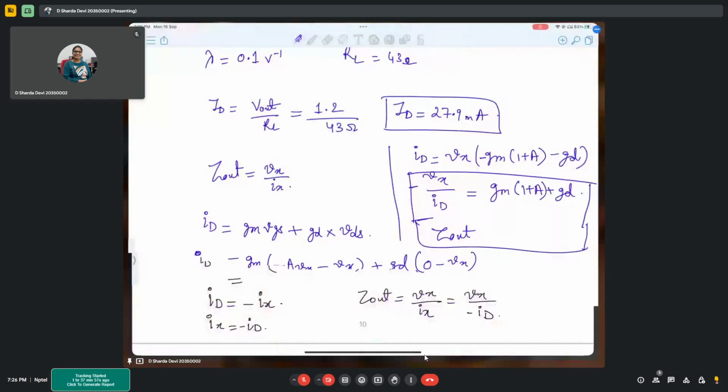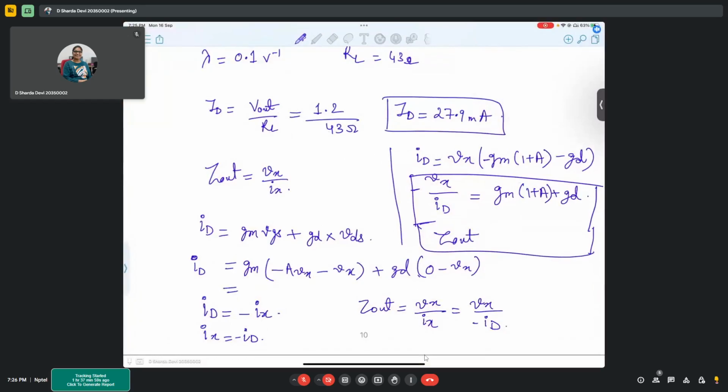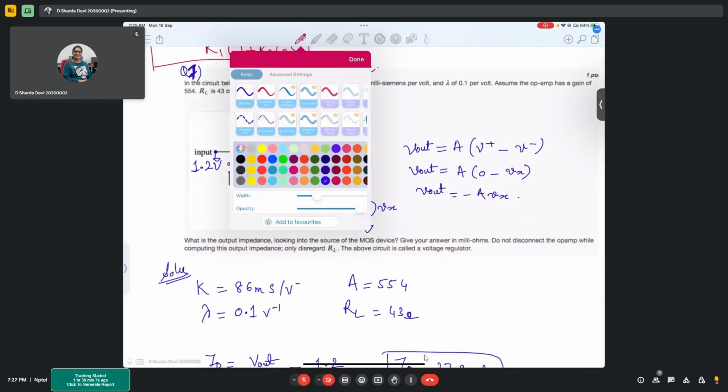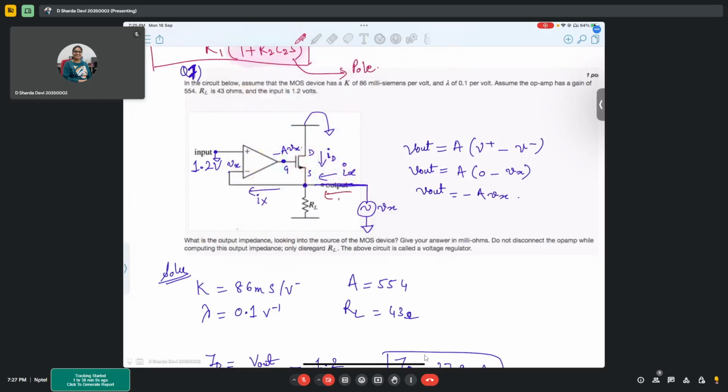Okay, so the idea is, if we go by that, then rather than writing it like this, maybe I can write it like, so this is ix, this being ix1, and this being ix2. So let's say my ix is equal to ix1 plus ix2.